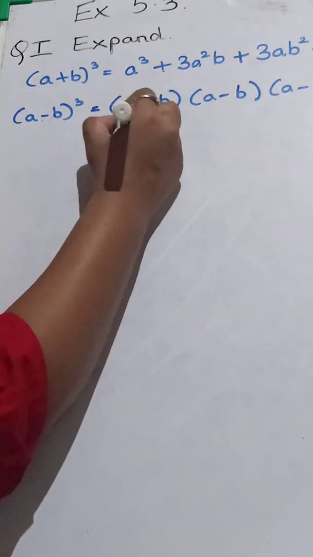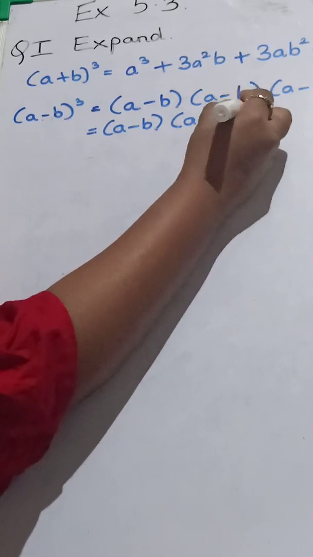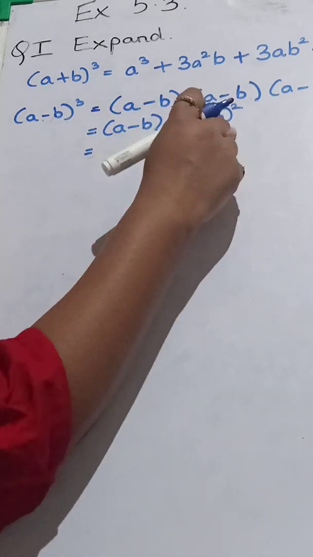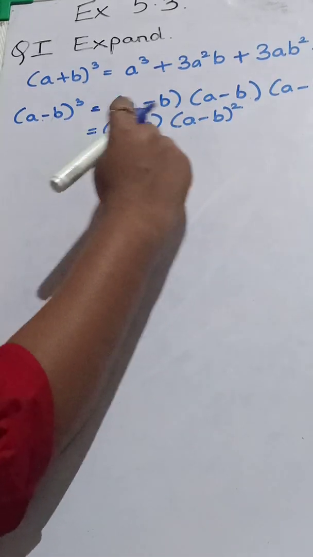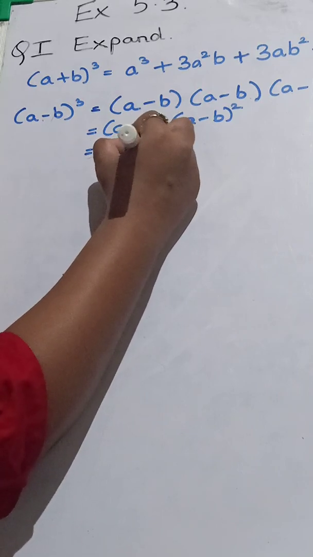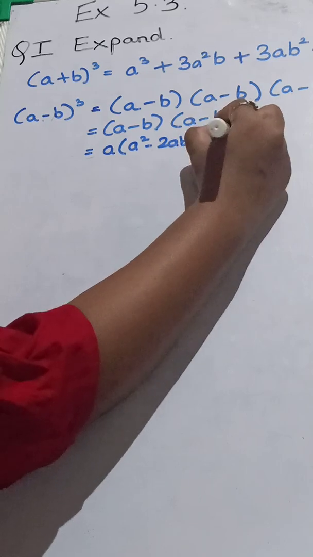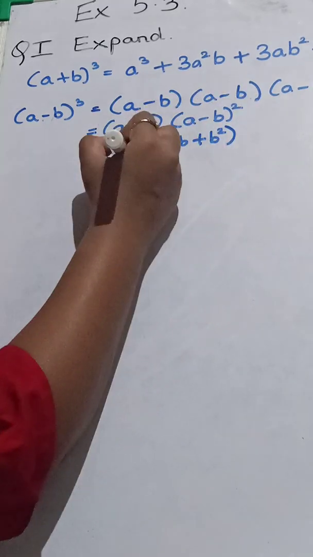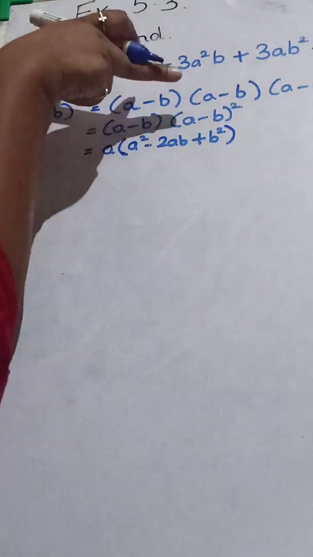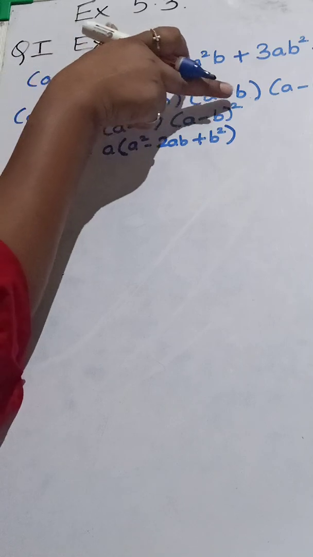We are going to take (a minus b), and on the other side we are going to take (a minus b) square. Now this a is common for these two, as well as this b is common for these two. So we are going to write a in the bracket. It will be (a square minus 2ab plus b square). Close the bracket. Why? Because what is the formula of (a minus b) square?